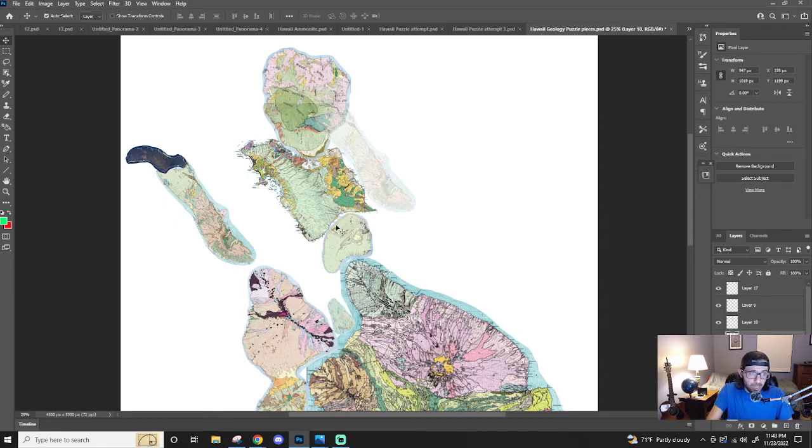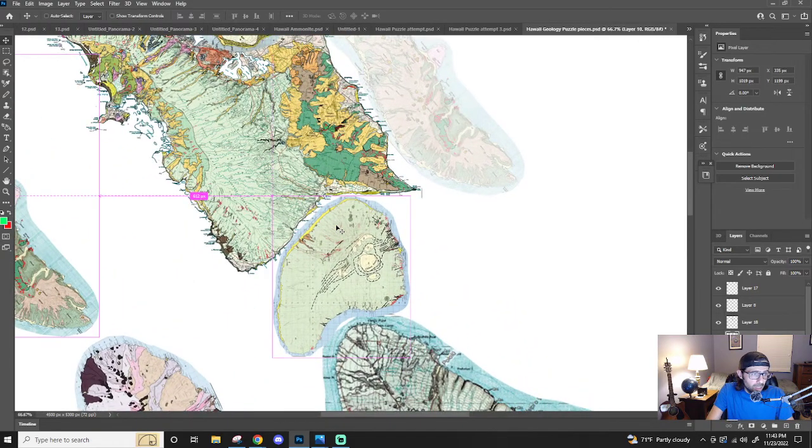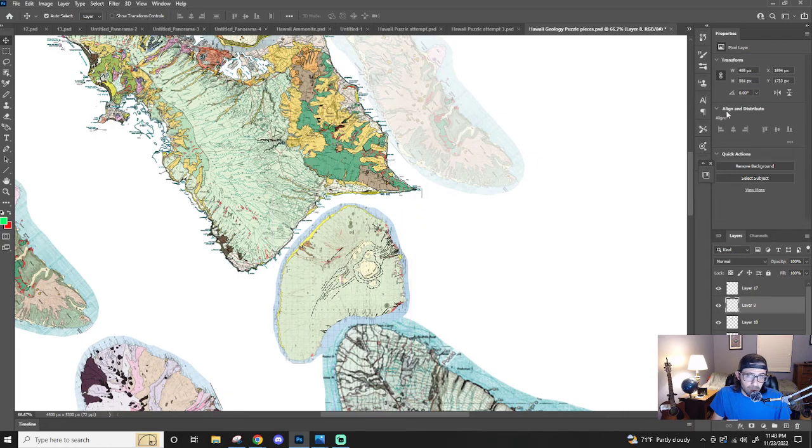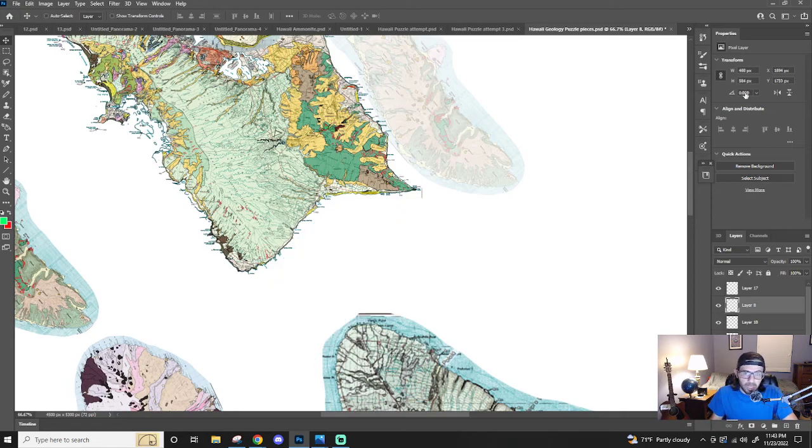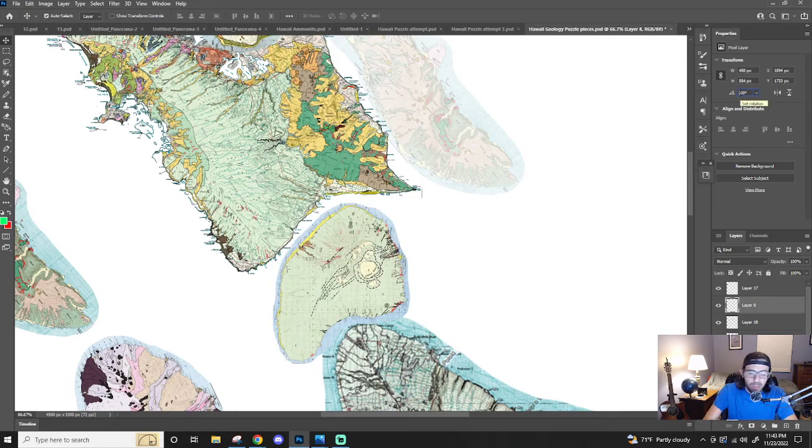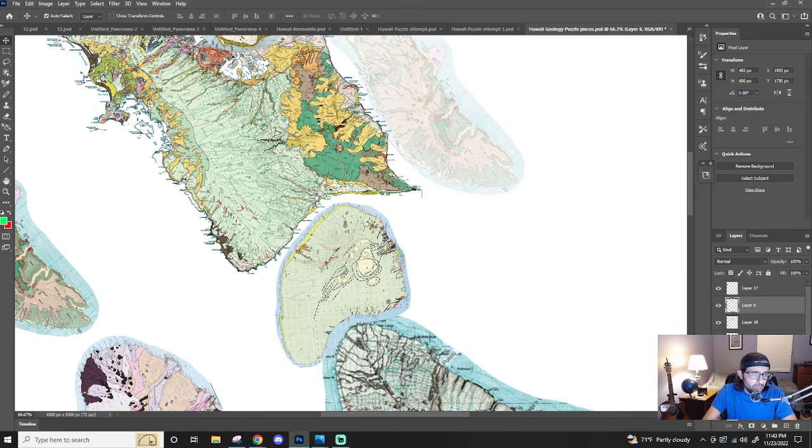Let me zoom in. Here, right in this general region, I might have it a little off slope, so minus, I think, I've done that so many times. Minus 5, I think. There we go. A little more sloped into it.